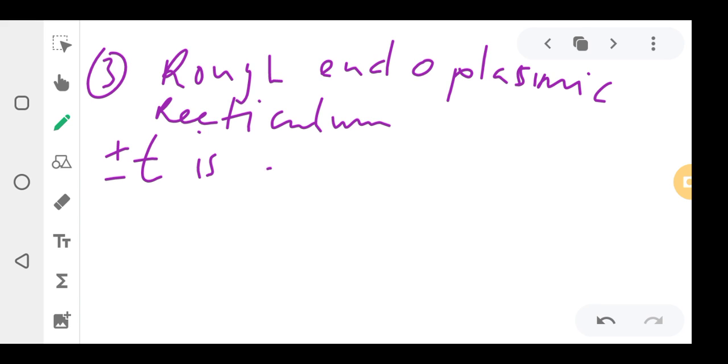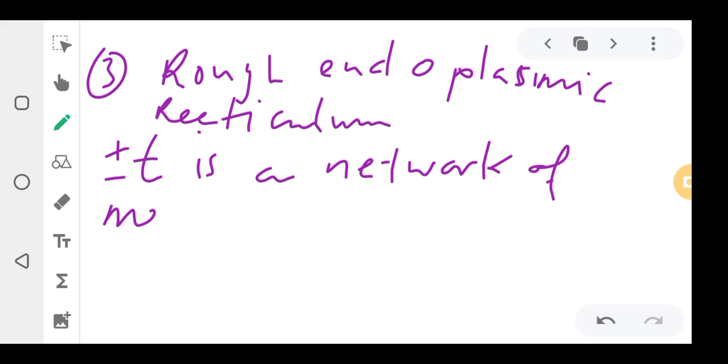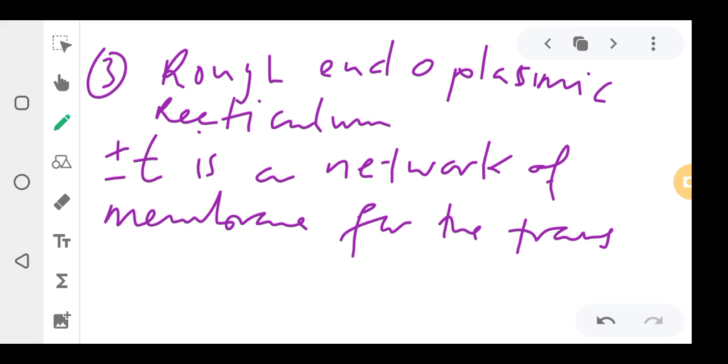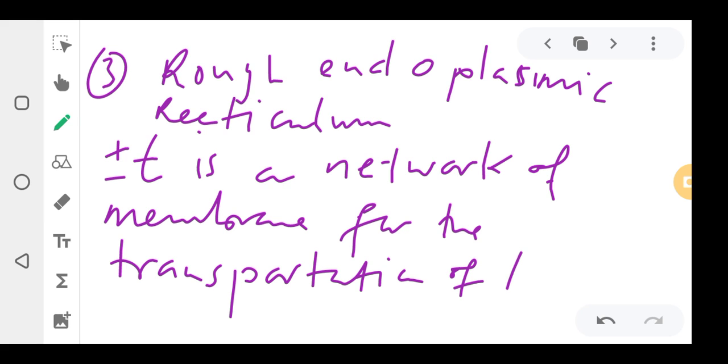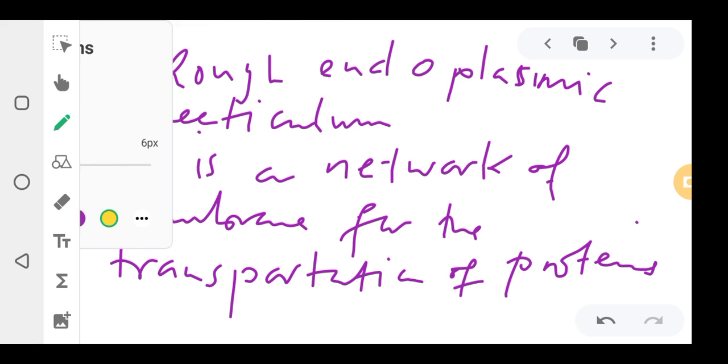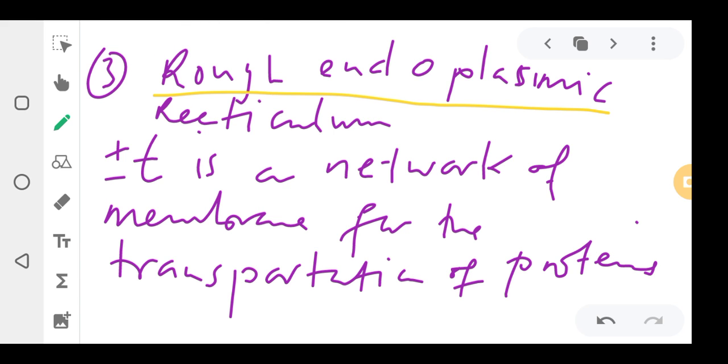It is a network of membranes for the transportation of proteins. You see, these ones transport proteins.